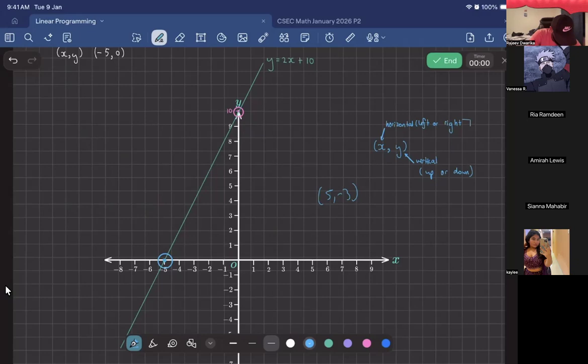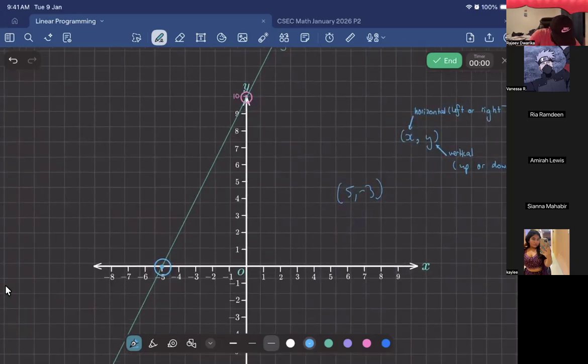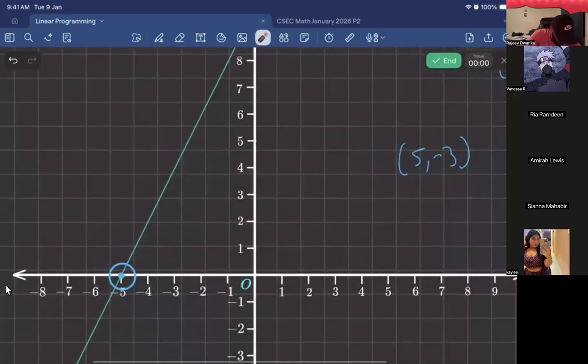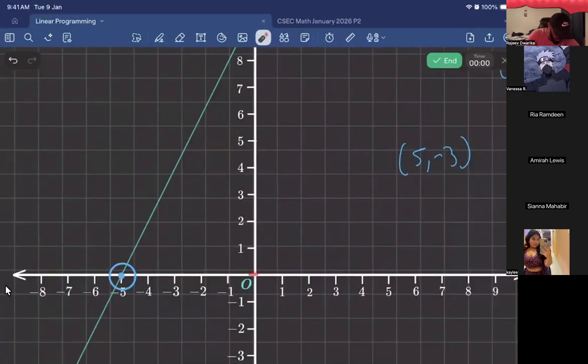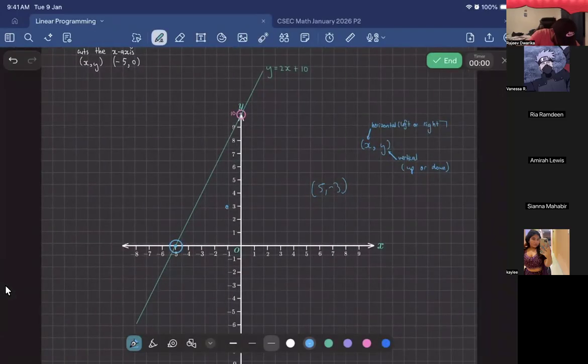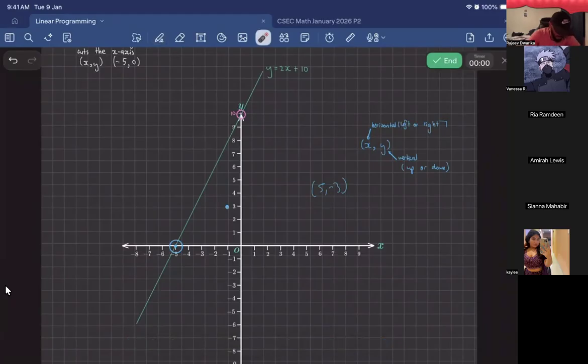Minus 1, positive 3. Okay, if it's minus 1, positive 3, that means minus 1 here, and then 3 up. That would be over here, right? Tell me, is that point in this region or in the other half of the graph?